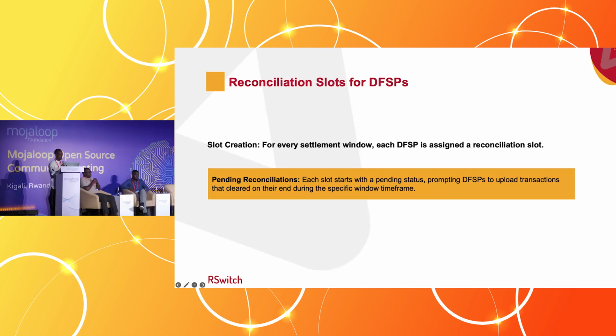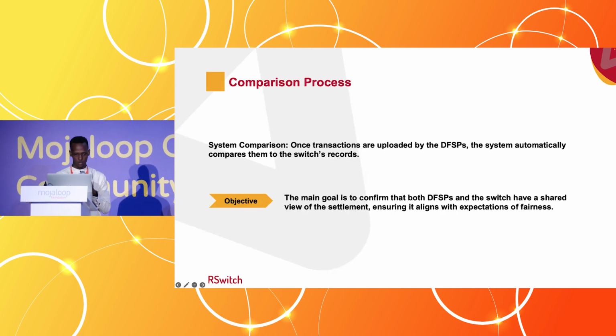This will use FTP or an API that is already on the portal, which we will show later on. When that's done, we come to the comparison process. The goal of this comparison process is to make sure that all DFSPs are aligned with the switch on what has been settled in that window.